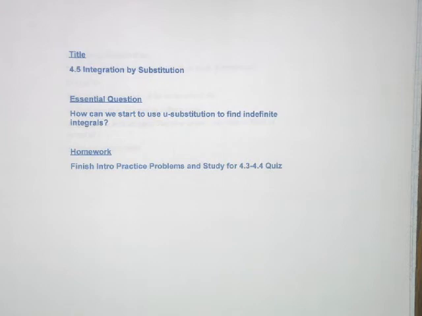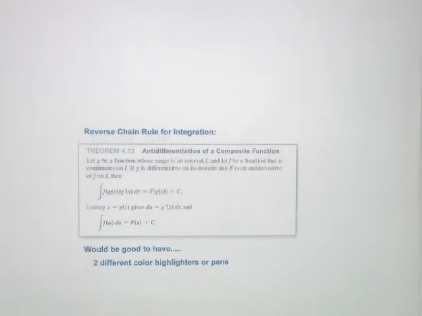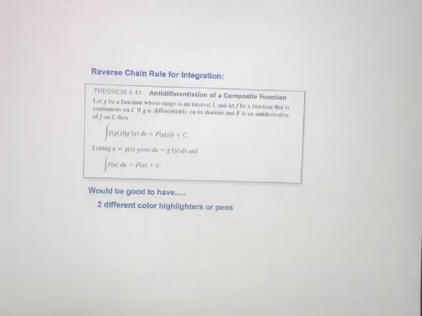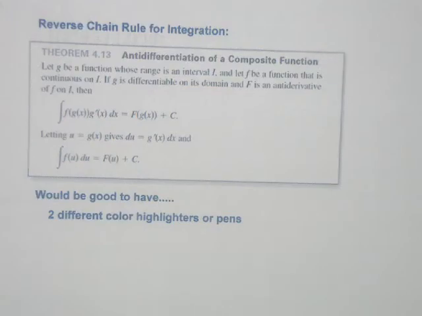All right. So the first thing is, what is U substitution? Really, it's the reverse chain rule. Zoom in a little bit here for you so you can actually copy it down. Now, this is directly from your book.